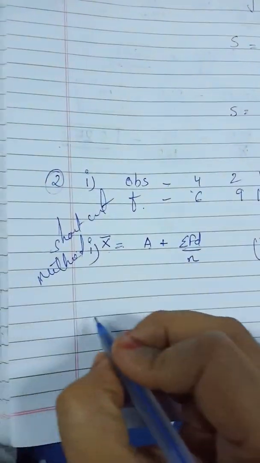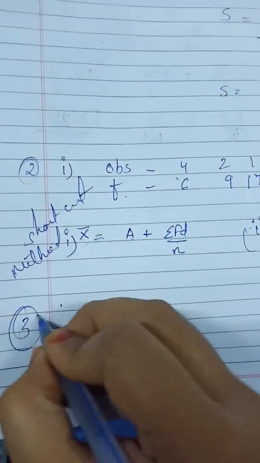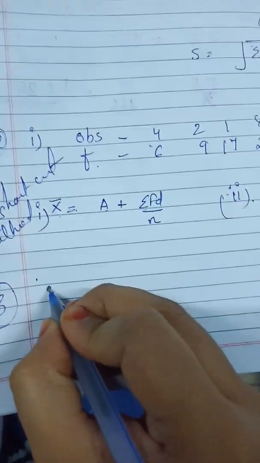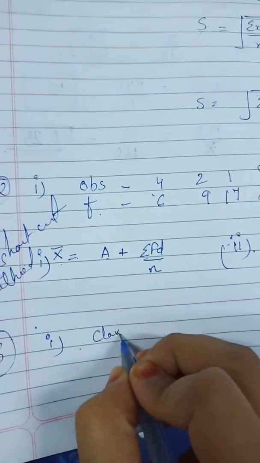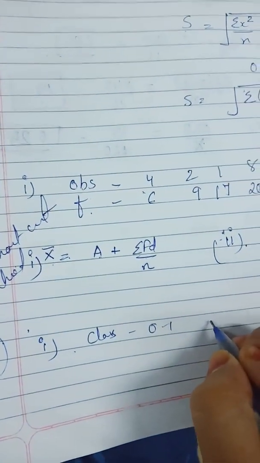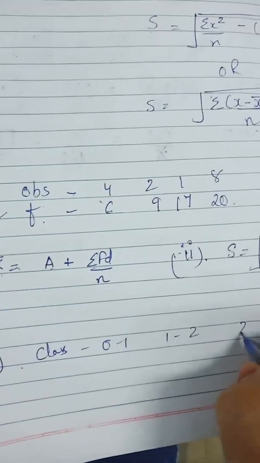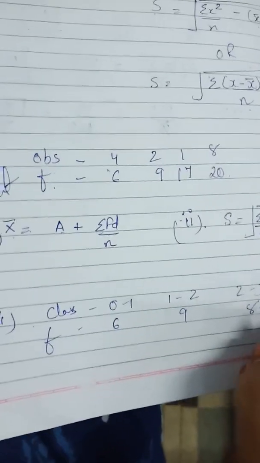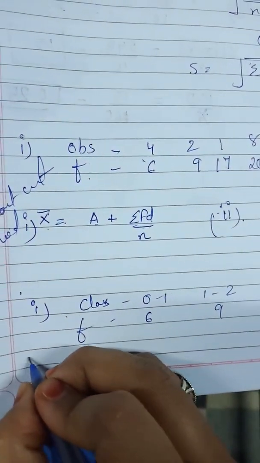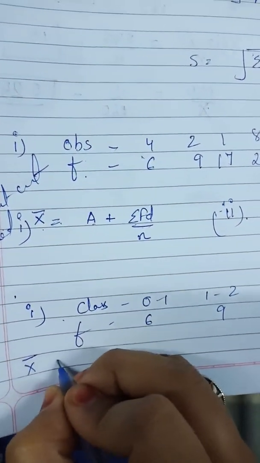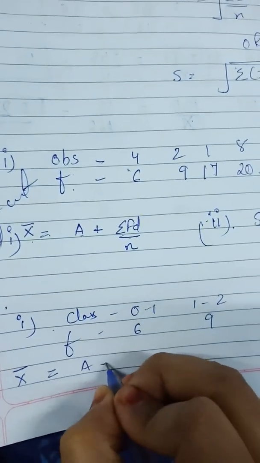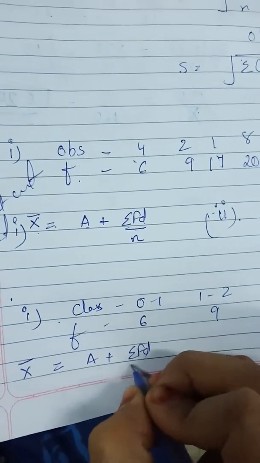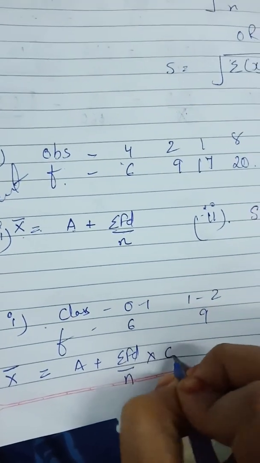Now the third, when continuous class, meaning classes are given 0 to 1, then 1 to 2, 2 to 3, then frequencies are given 6, 9, 8, like this. At that time also we will be using the shortcut method. The first thing we will find is the mean, a plus sigma fd upon n into c.